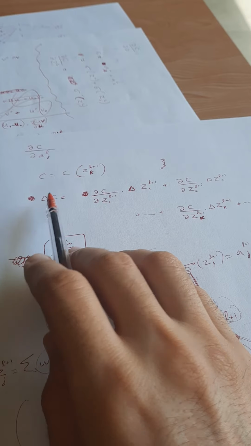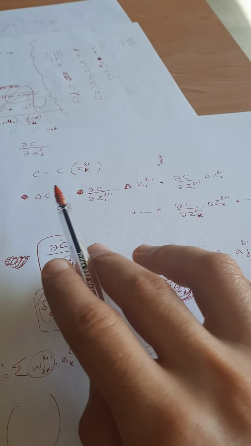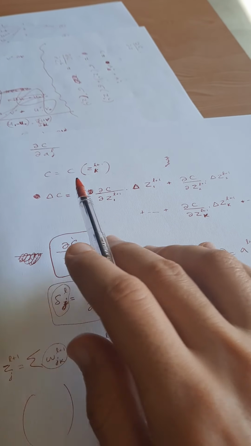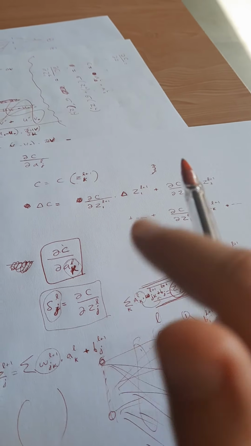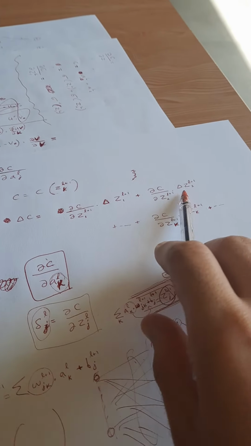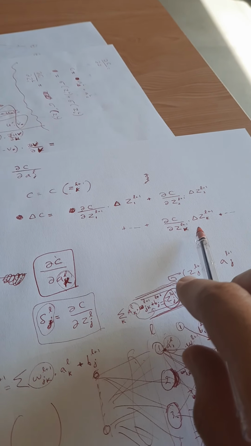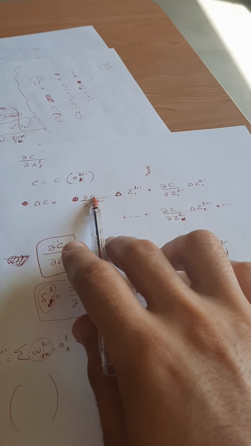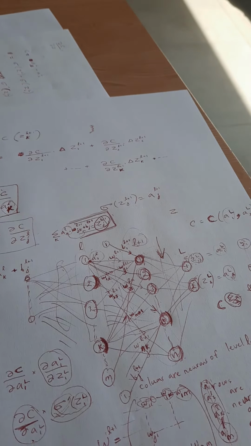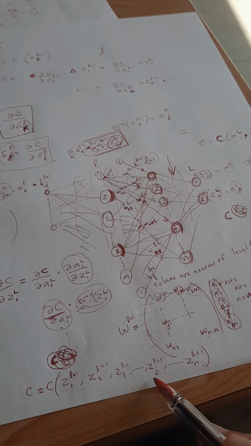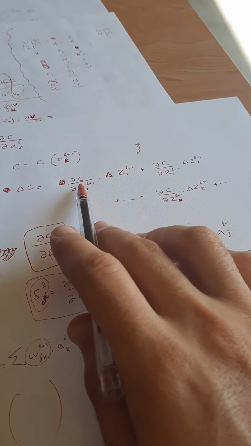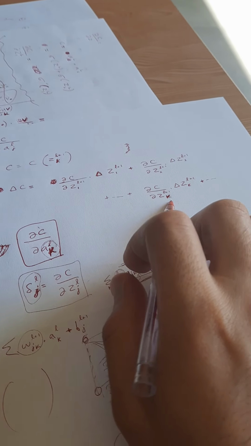It's a difference between two values, like a step of c. Now this formula is not so bad, and we have agreed that c is a function of all these guys here. Okay, so it can be written like this.